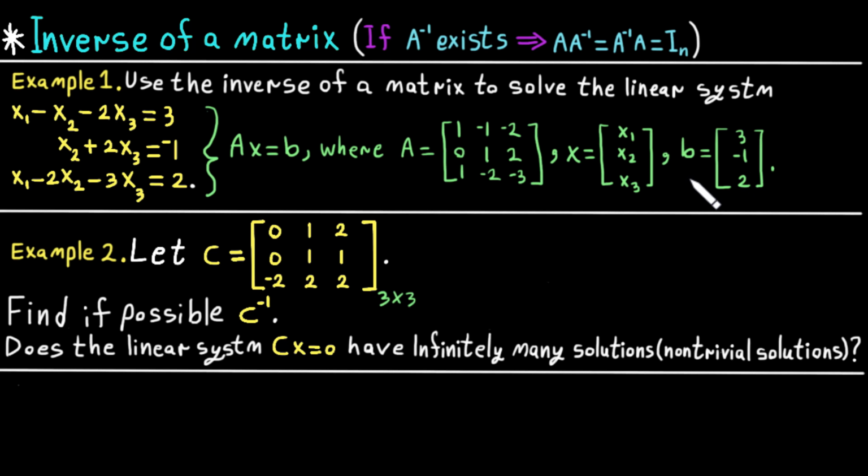Now I think it's clear where the inverse is. The inverse is here. We have to find A inverse. What is A inverse? So we have to find A inverse.